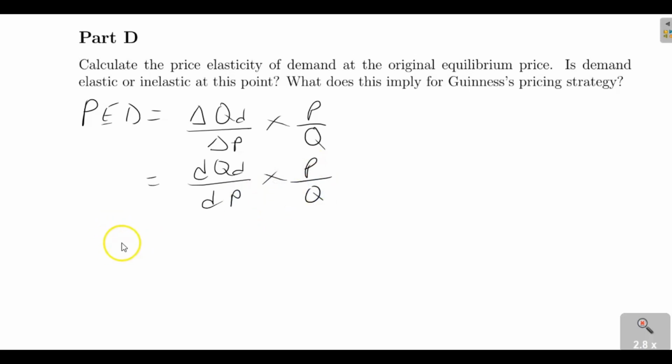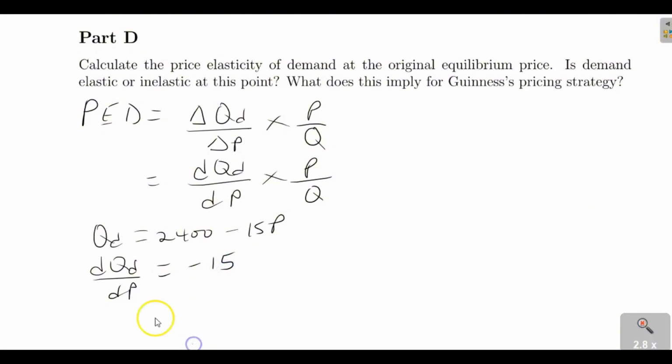Now, what is the original demand function? We were given the demand function as 2,400 minus 15p. To differentiate this function with respect to p, we are just going to have minus 15. So the change in quantity demanded over change in price is negative 15.